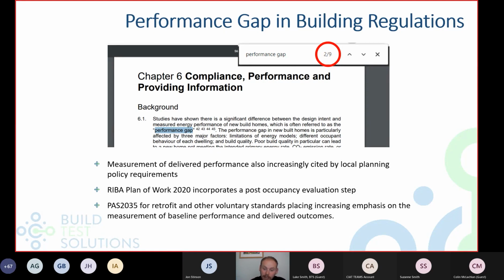The RIBA plan of work has a post-occupancy evaluation step in there. And in PAS 2035 and 2030, we're seeing voluntary standards which are putting an increasing emphasis on performance measurement and delivering what the design has said we expect.